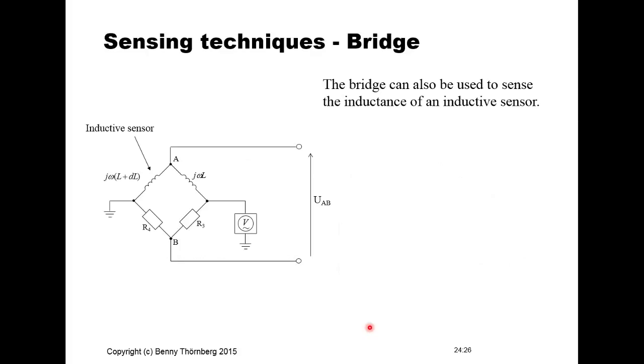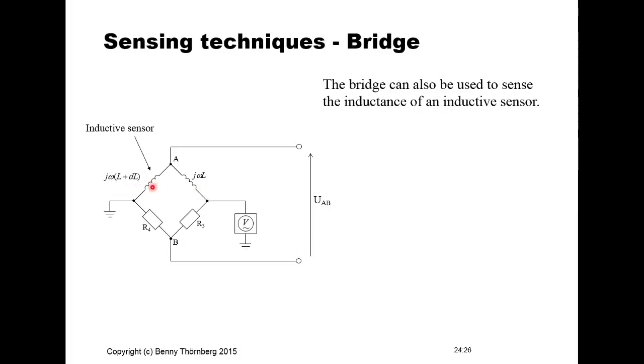It is possible also, of course, to use a bridge for measuring an inductive sensor. This is the inductive sensor in this case, and the inductance that this inductive sensor has at the reference level is also assigned to the corresponding inductance forming a pair. So jωL and jωL for both of them at the reference level.